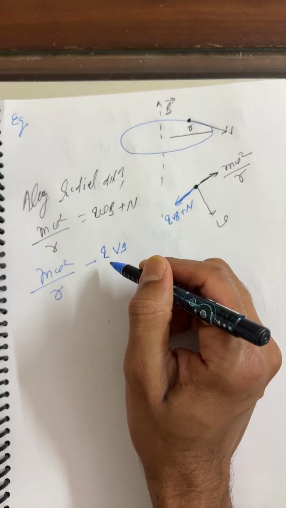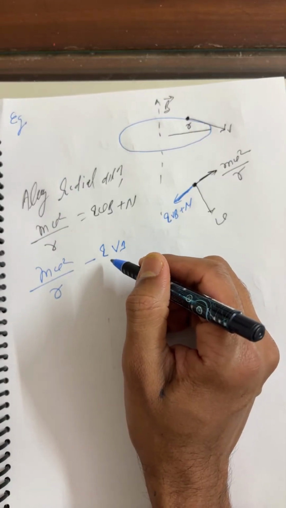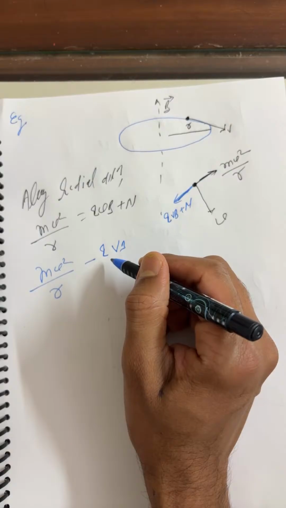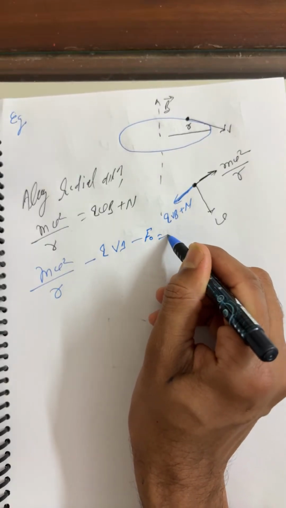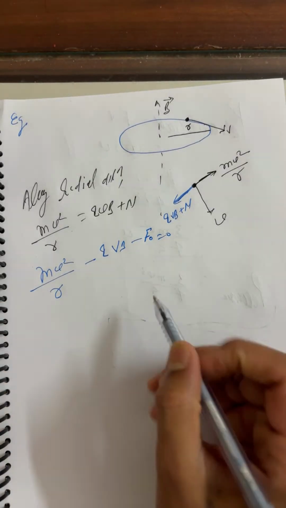But there is one more point mentioned in the question: there is a maximum radial force, that is F naught. So minus F naught equals 0.